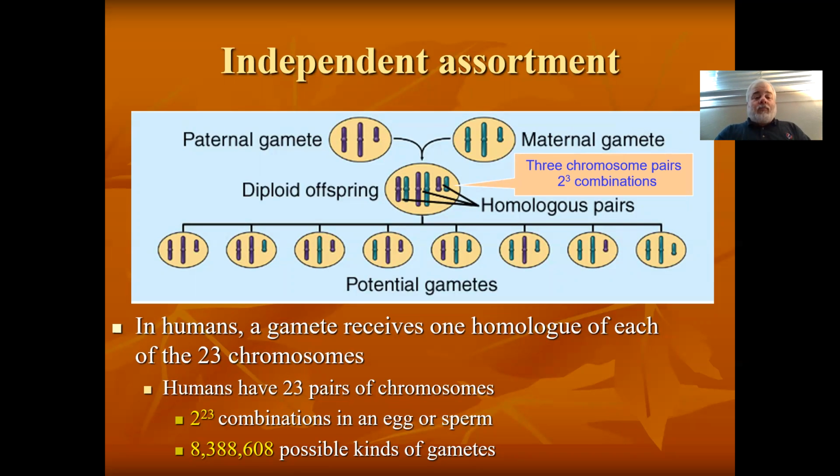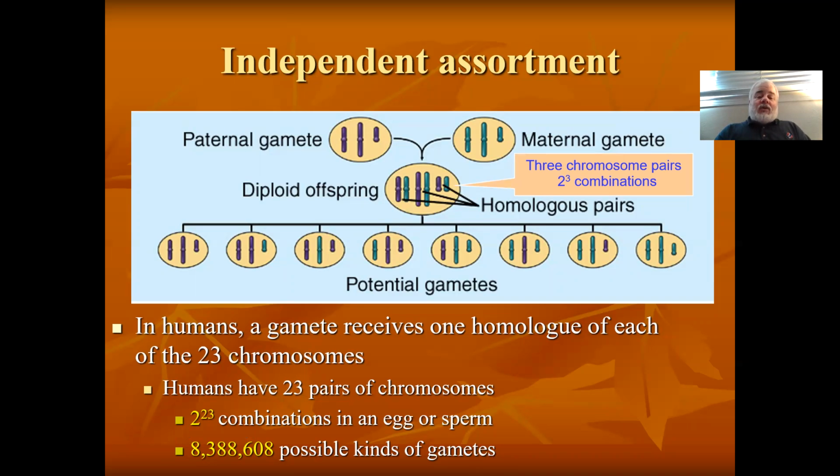All right. What about humans? We have 23 chromosome pairs. So if I did this exact same exercise with humans, it wouldn't be 2 to the 3rd power. It would be 2 to the 23rd power, or 8,388,608 possible kinds of gametes from every human being.